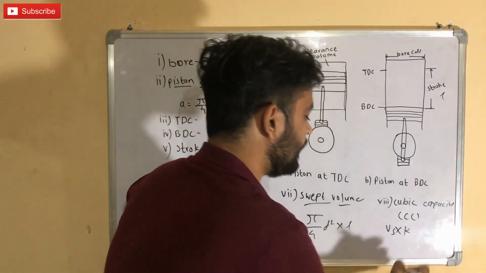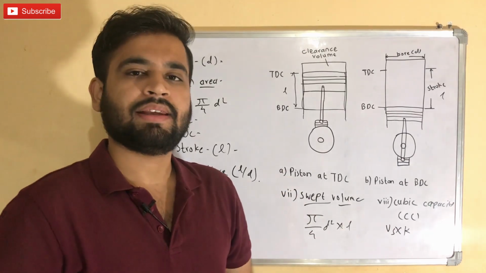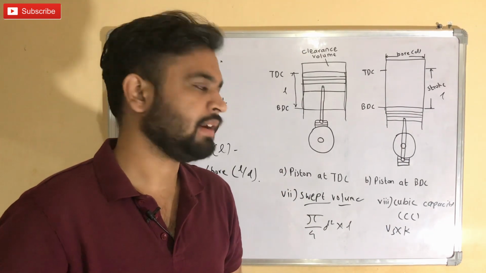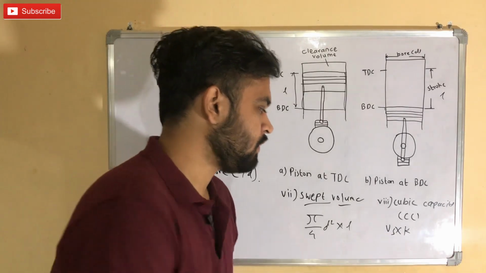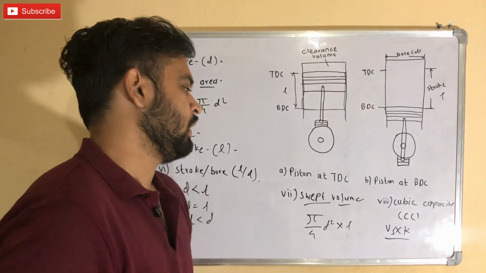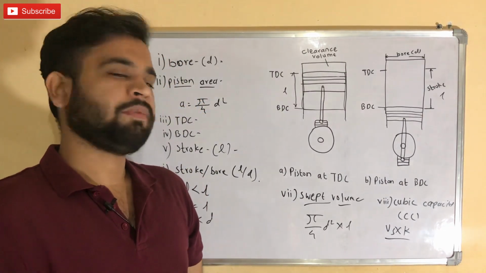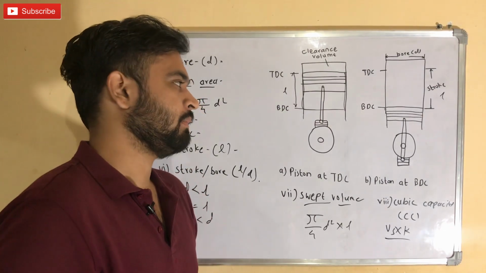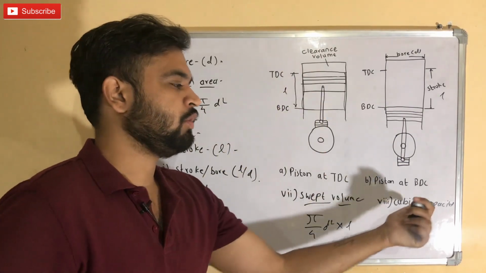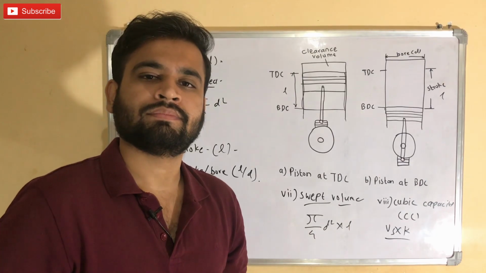Whenever we are dealing with a multi-cylinder engine such as a 4-cylinder or a V8, which is a V-type 8-cylinder engine, this formula comes into place whenever the CC calculation happens. So CC is swept volume multiplied by the number of cylinders. For a single cylinder engine, the swept volume will be the cubic capacity of the engine.